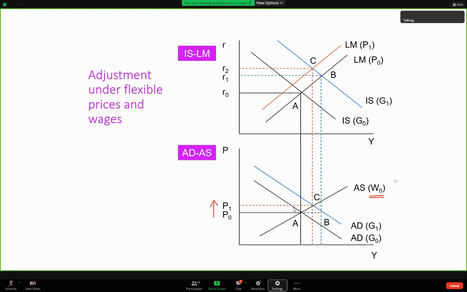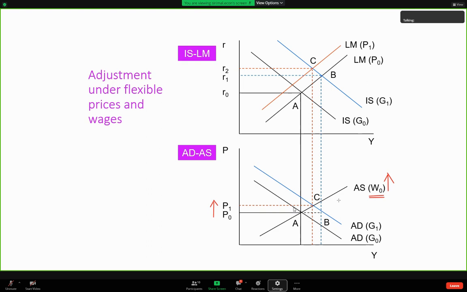So this wage rate should go up. When the nominal wage goes up, it is a disincentive for the producers because it is a cost of production. Cost of production should go up.